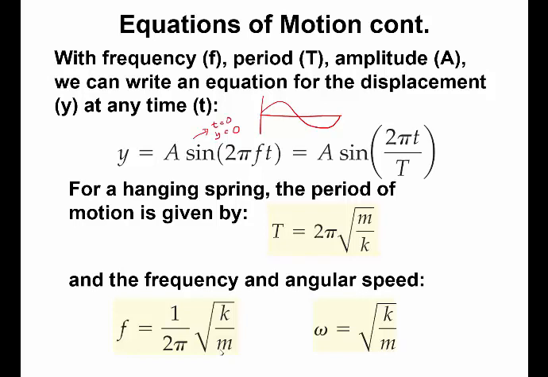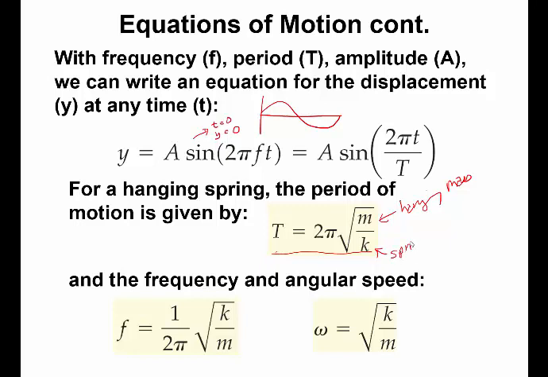So here we can look at our equation of motion, and we can say, if we have this hanging spring, we can think about our analysis of the period of the motion by using this relatively simple equation where the period is dependent on two things: the hanging mass and the spring constant.